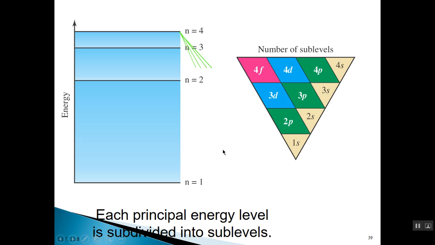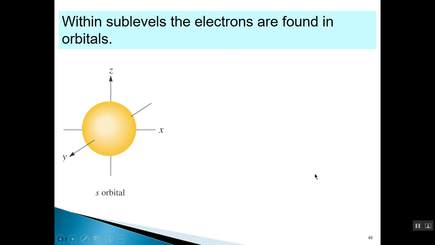And within the n equals 4 energy level, you have four sublevels, 4s, 4p, 4d, and 4f. So each energy level has sublevels, and the number of sublevels depends on the particular energy level. Now, within each sublevel, you have electrons that are found in orbitals.